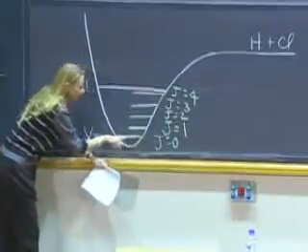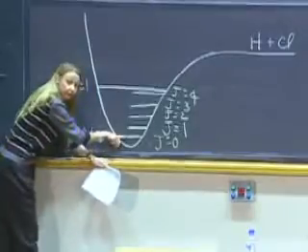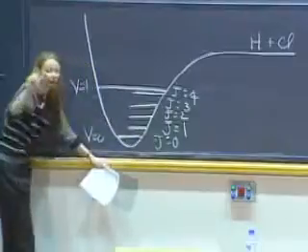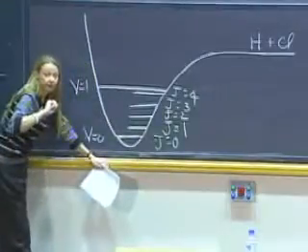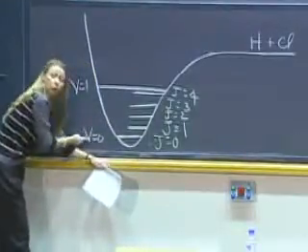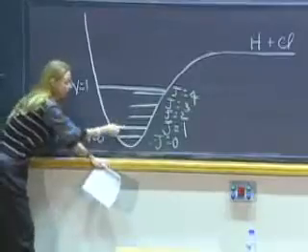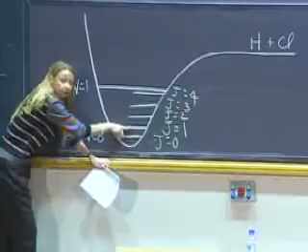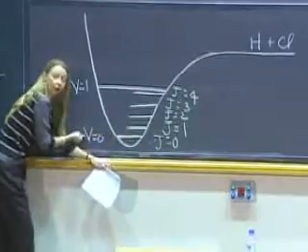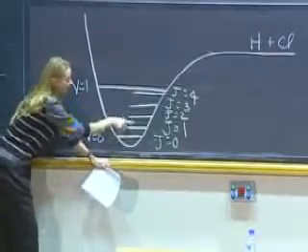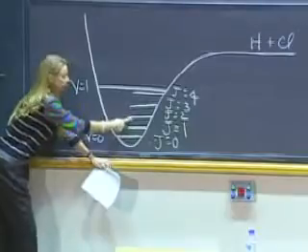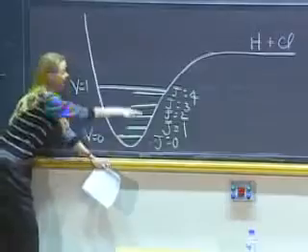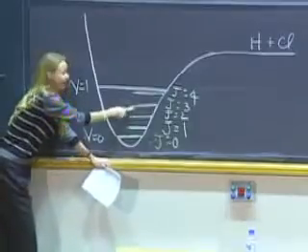If that's the case, this is how much energy it has. When you're in the ground rotational state, that's 0 energy, as we're going to see in a moment. You can have a molecule in the ground vibrational state and the first excited rotational state. If that's the case, that's the energy. You can have a molecule in the ground vibrational state and the second excited rotational state, then it has that energy. You can have a molecule in the ground vibrational state and the third excited rotational state, it has that energy.